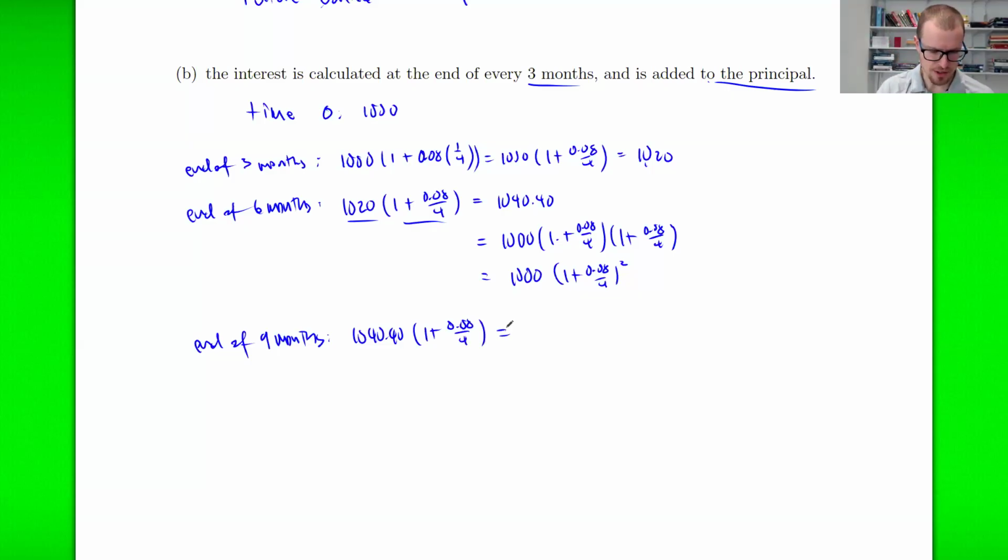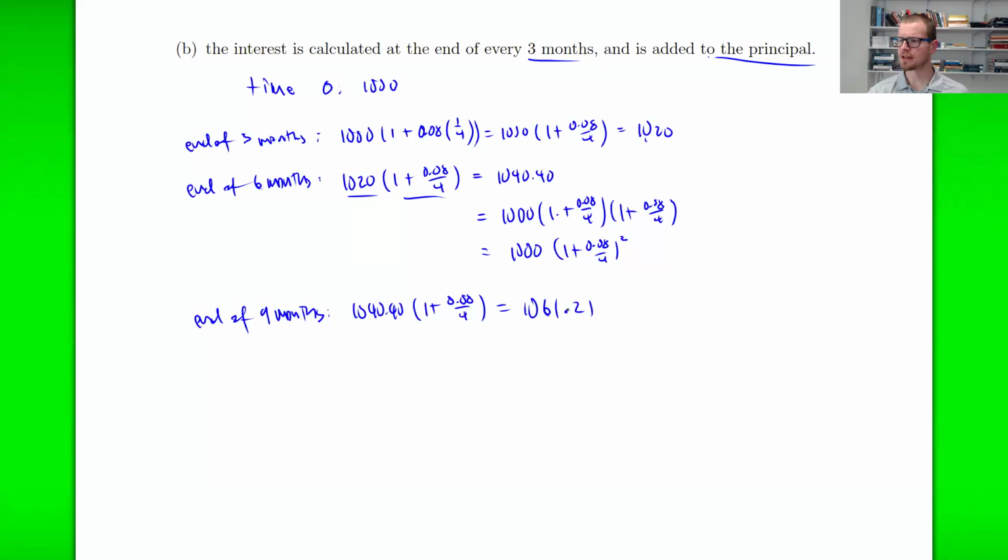And this value is going to give us 1,061.208. So we'll call it 0.21. That looks pretty good. So yeah, we've made an extra $1.21 over what we would anticipate based on just simple interest, right? It'd be $20 each time if we were just computing it on the $1,000. 20, 40, 60.